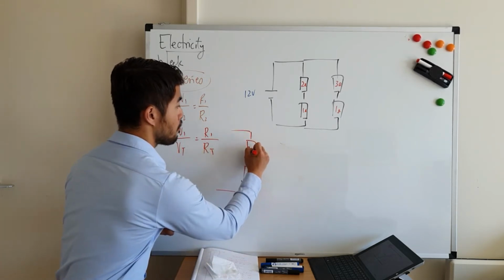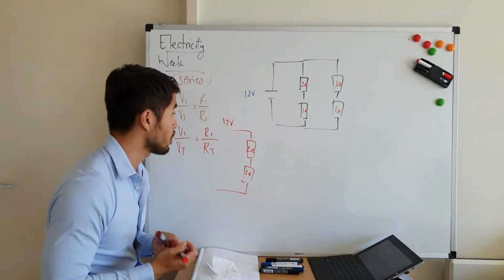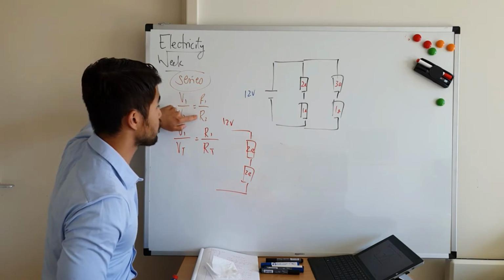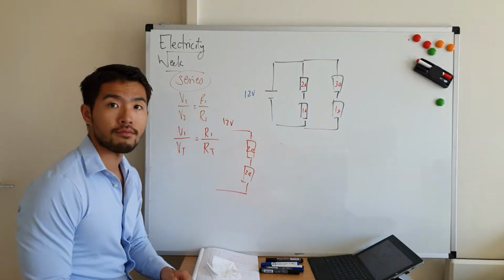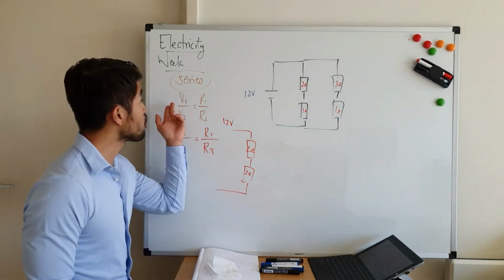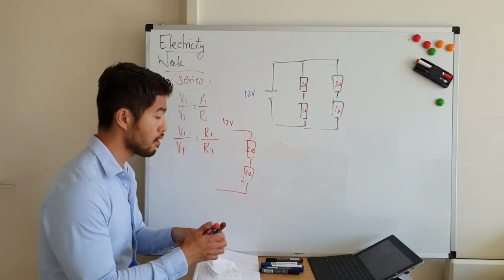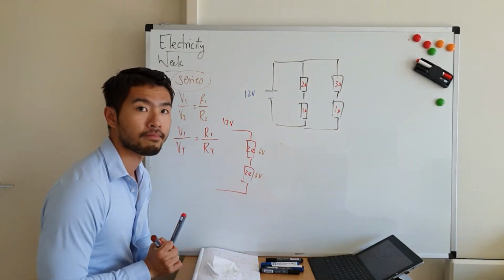If this is 2 ohms and 2 ohms, and I've got 12 volts, how do you split it? Because I know that V1 over V2 equals R1 over R2, these two resistors have the same resistance, so they should receive the same voltage. If they share the 12 volts, this is going to be 6 volts and this is going to be 6 volts.